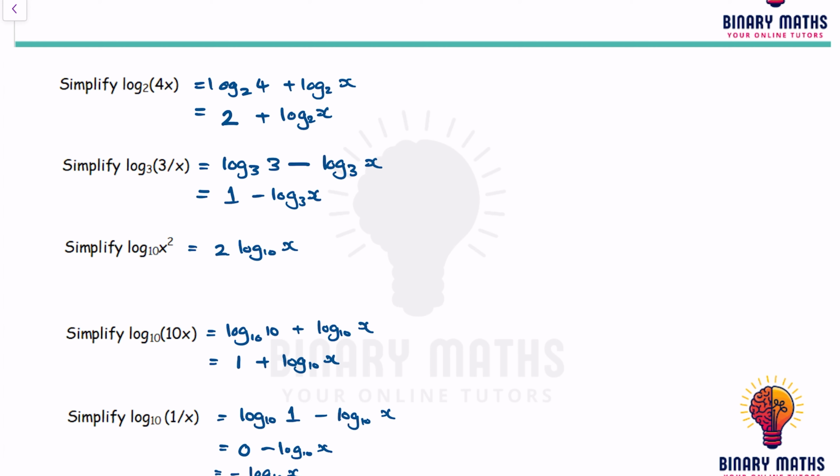Another way to do this one is log base 10 of 1 over x, which is the same thing as log base 10 of x to the power of minus 1. Now using the third law, the minus 1 comes down, so you get minus log base 10 of x. Same answer, two different approaches.